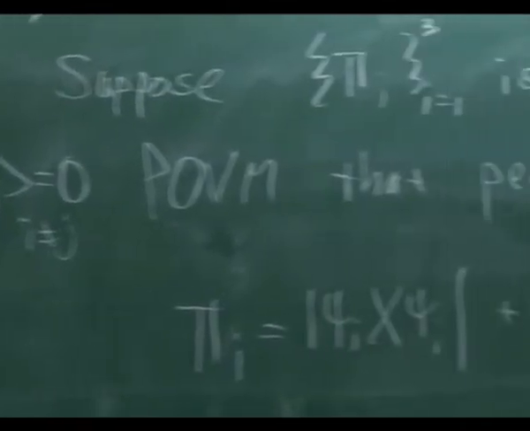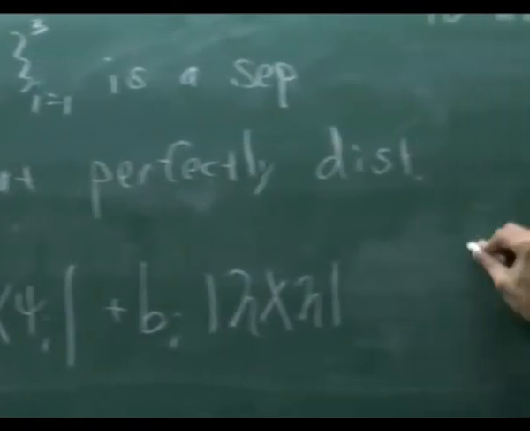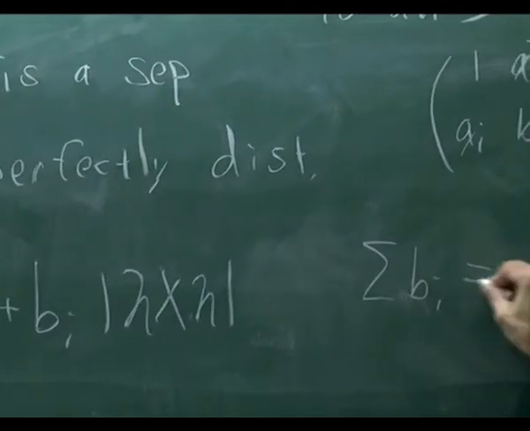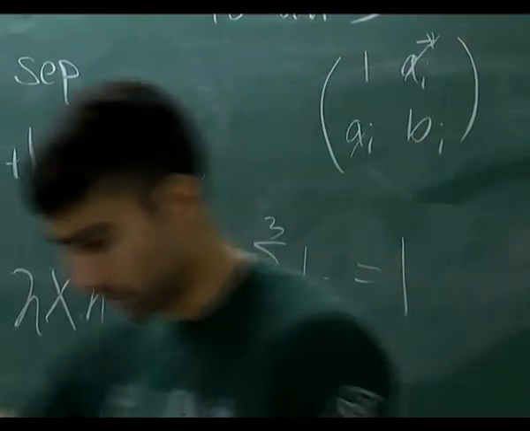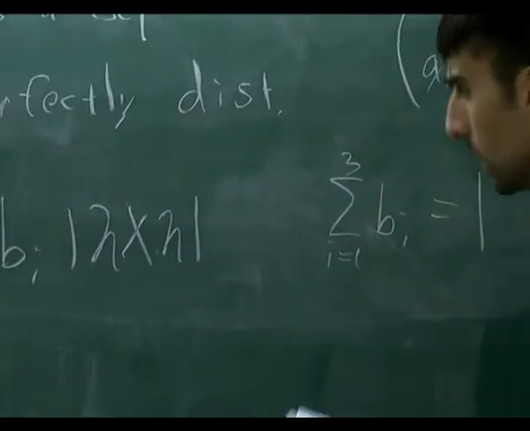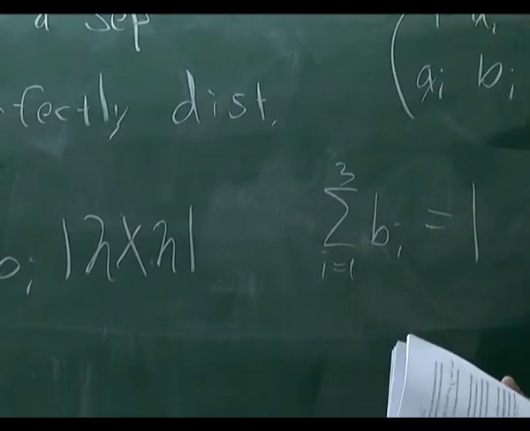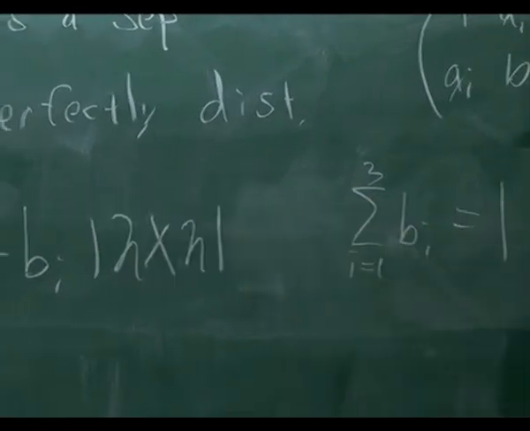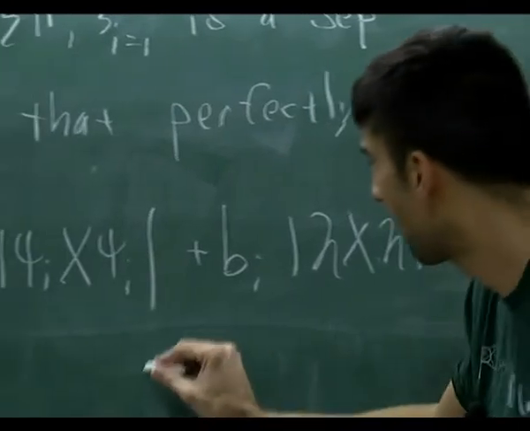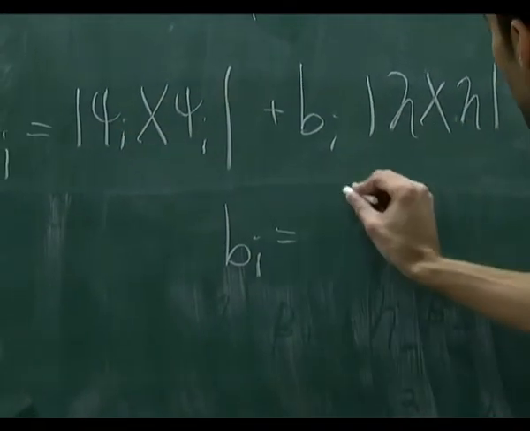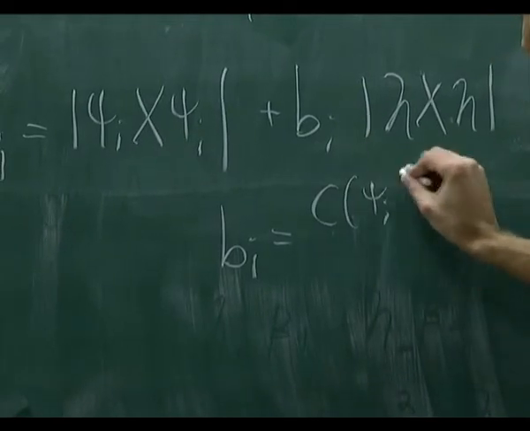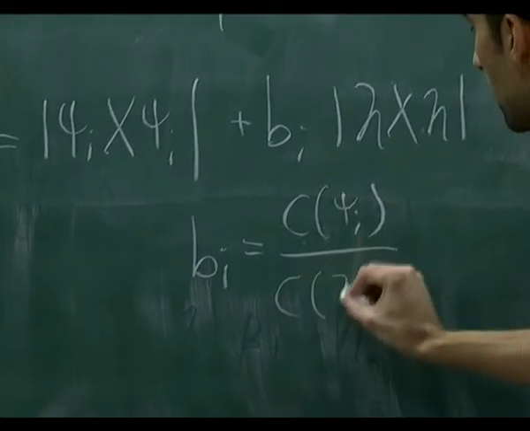All right, and we also demand that the sum of the bi's must equal 1 because of the completion. But actually, we can skip right to that now. So we know that the bi must be the ratio of the concurrences. So this is the concurrence of psi i over the concurrence of eta.